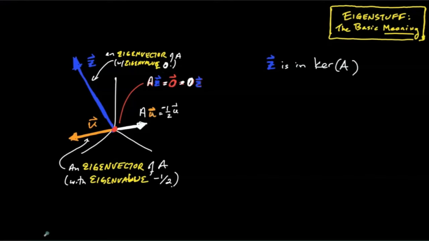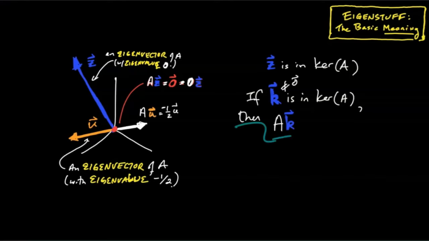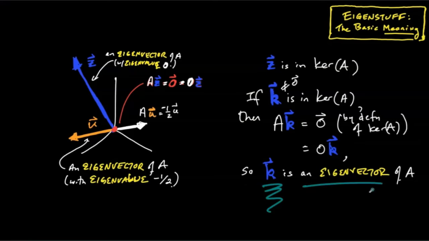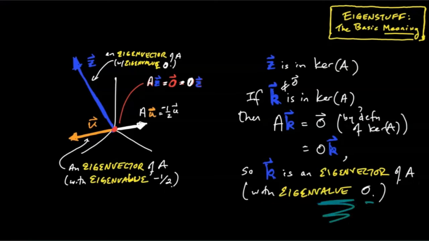To spell this out, if k is any non-zero vector in the kernel, because we want it to meet the definition of an eigenvector, then Ak is the zero vector by definition of the kernel, and the zero vector itself can be rewritten as 0 times the non-zero vector k, but then Ak is 0k, so k is an eigenvector of A, since A maps it to a multiple of itself with eigenvalue 0.